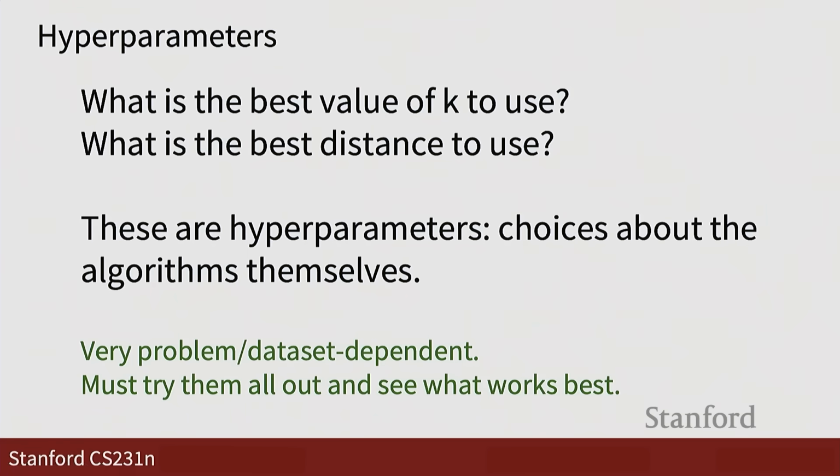Hyperparameters are often the variables that you have to make a decision on to be able to run your algorithm. In this case, the value k, the number of nearest neighbors, is a hyperparameter. Depending on how many nearest neighbors you take, your outputs will be different.